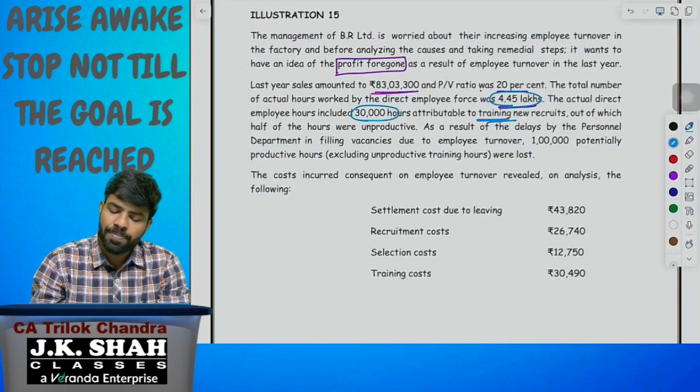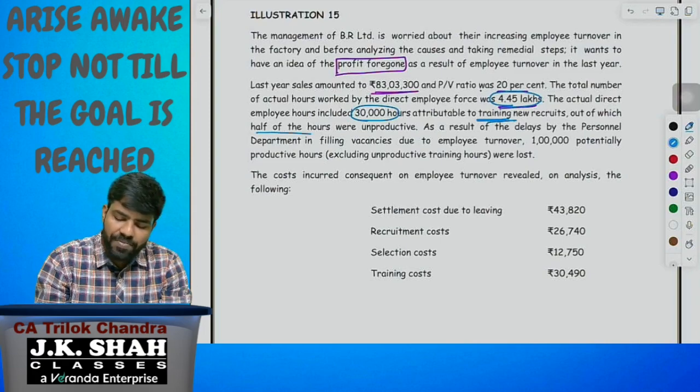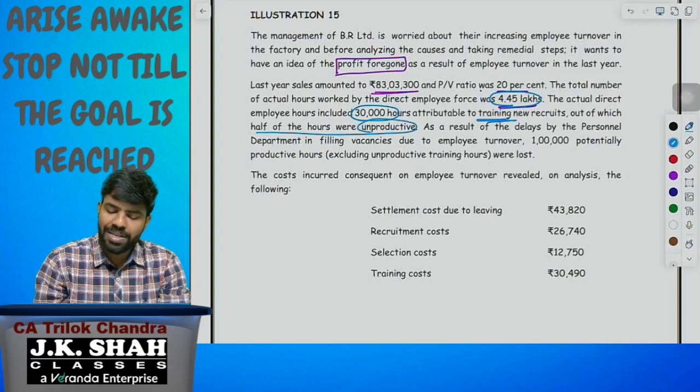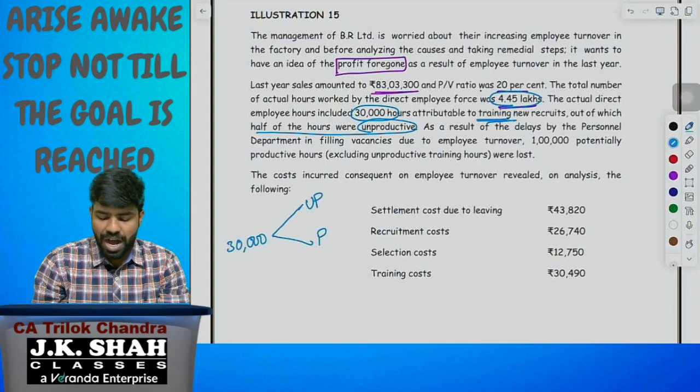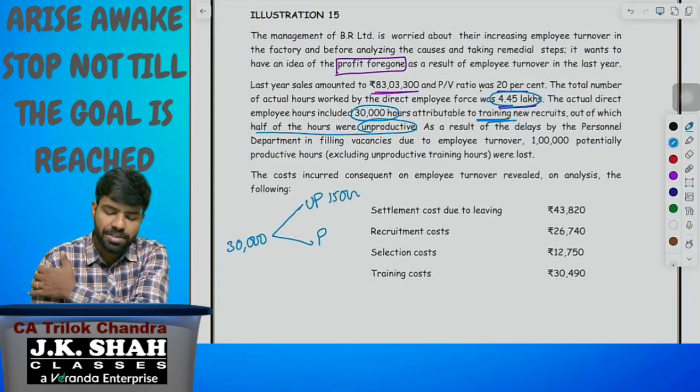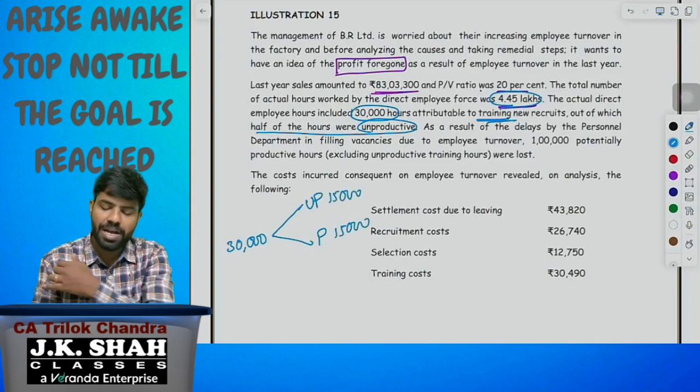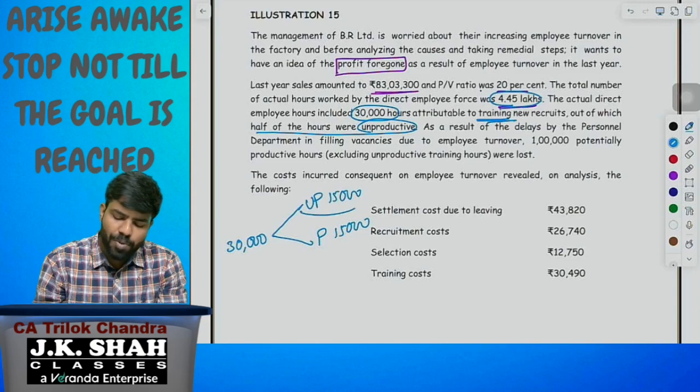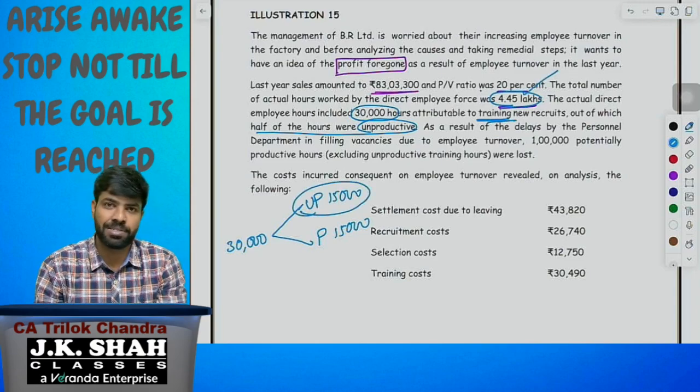But they mentioned that half of the hours were unproductive. What is the meaning of this? Of the 30,000 hours worked by the training people, half of the time is unproductive and half is productive. Half of this is 15,000 hours and half is 15,000 hours. So the unproductive hours have to be removed from the 4.45 lakhs.